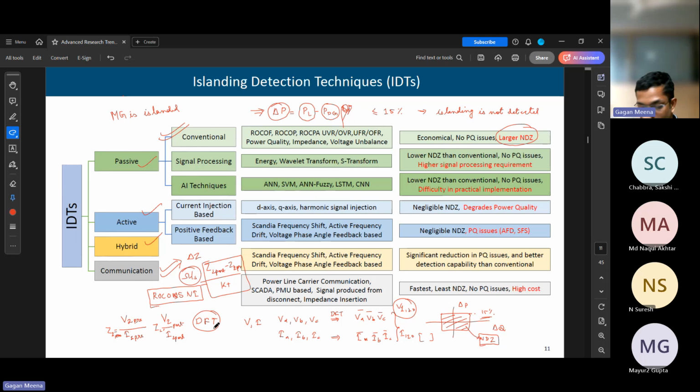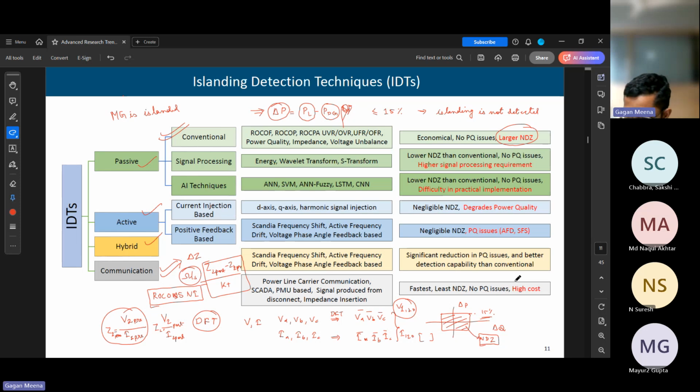Now one may say that we don't even know the islanding instant, so how do we know which is pre and which is post? We saw how to calculate the DFT recursively or iteratively. We keep moving the window and calculate the DFT.